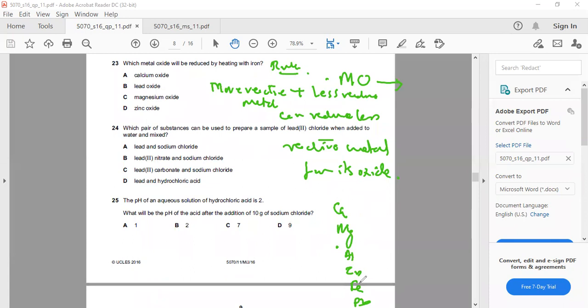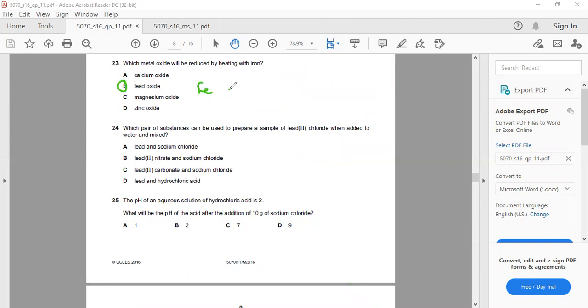So iron can reduce the metal oxide below iron; it cannot reduce calcium, cannot reduce this, cannot reduce this. Lead is below iron, so iron can reduce it. The rule is, a more reactive metal can reduce. Reduce means take oxygen. Loss of oxygen is reduction. It can take the oxygen of the less reactive metal.